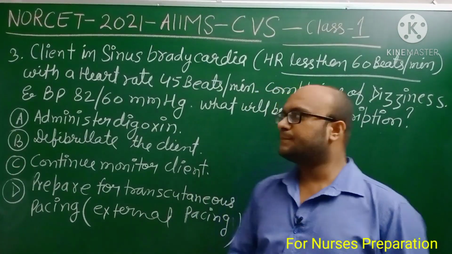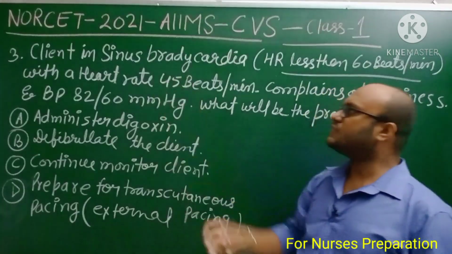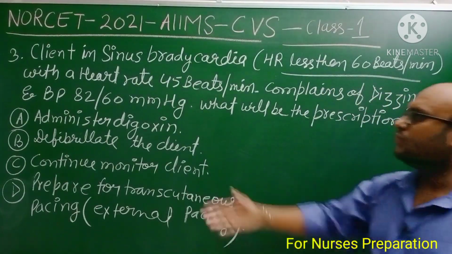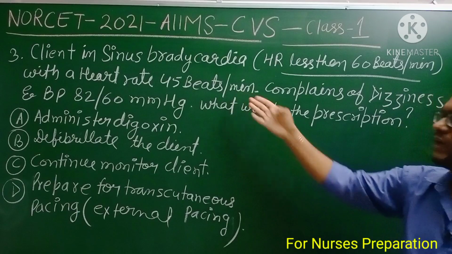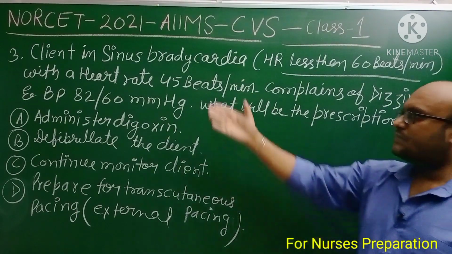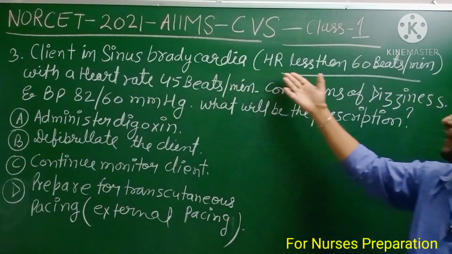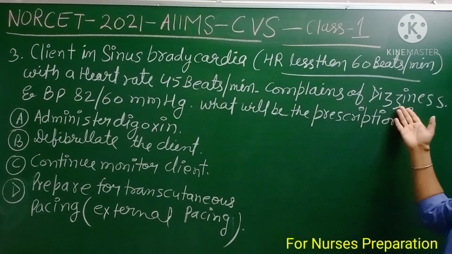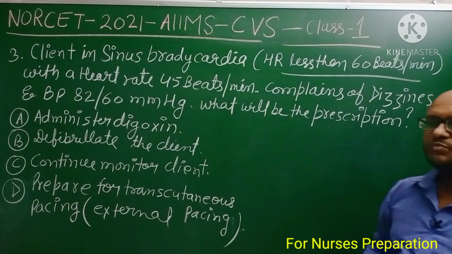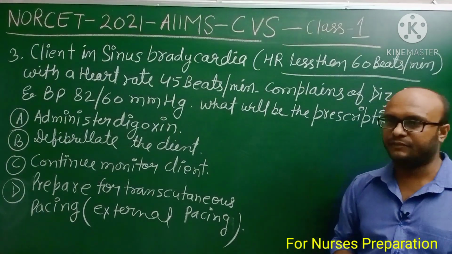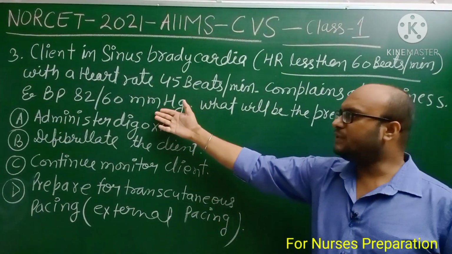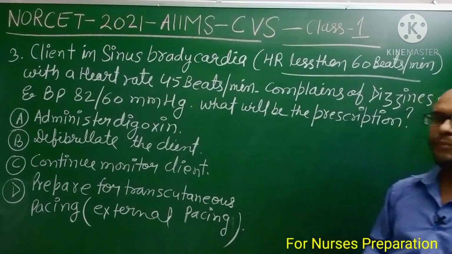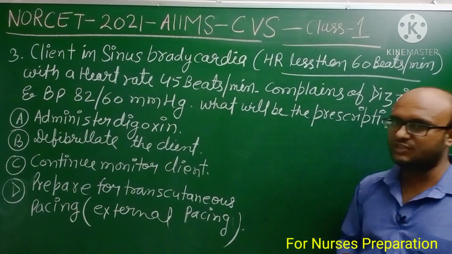Next question: A client is in sinus bradycardia with a heart rate of 45 beats per minute. Sinus bradycardia means heart rate less than 60 beats per minute. The client complains of dizziness, which means spinning of the head, and has a BP of 82/60 mmHg.